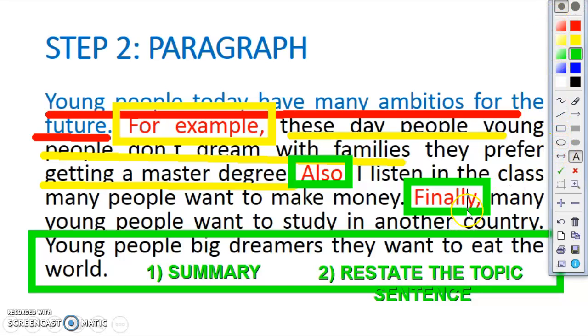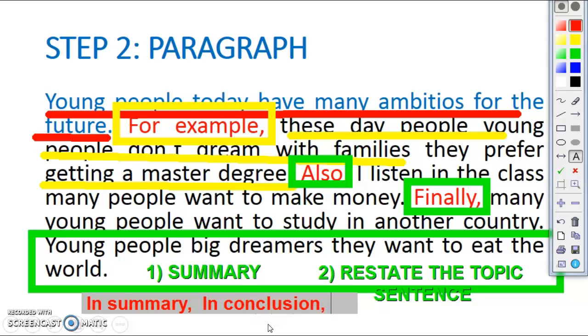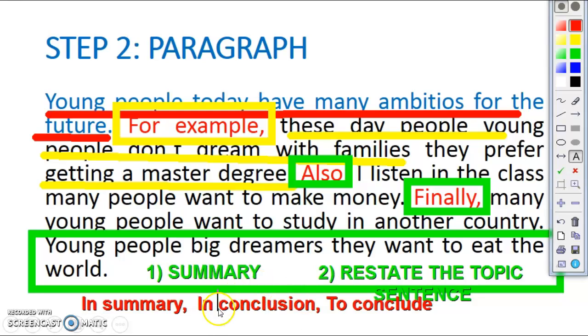Okay, so in this part we use other connectors as well. One of the connectors to link the last sentence is finally. Other connectors that we can use are in summary, in conclusion, or to conclude. These 3 are connectors for the last sentence that is going to end your paragraph.